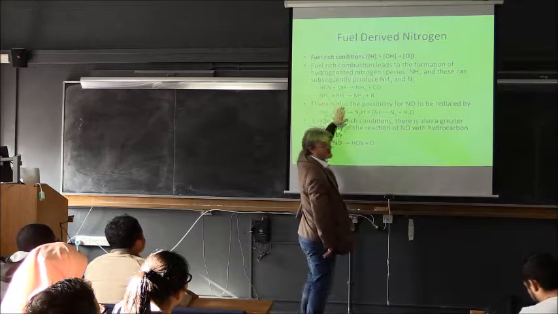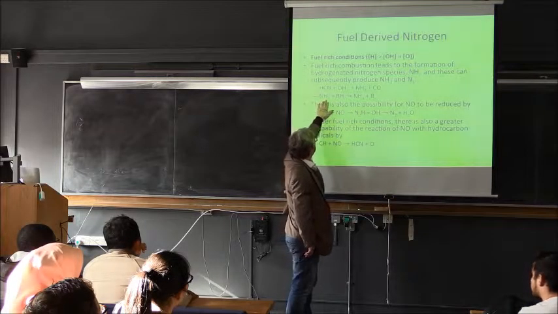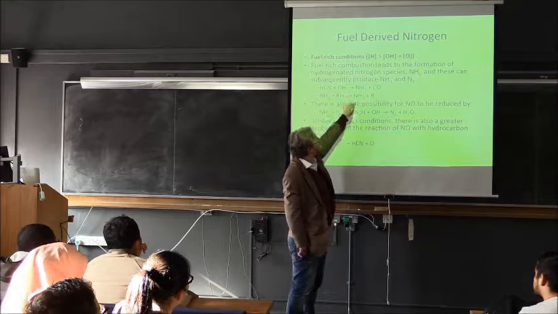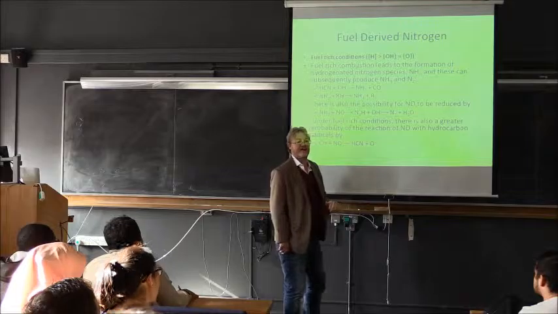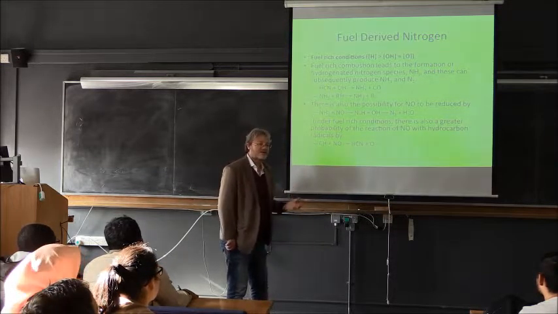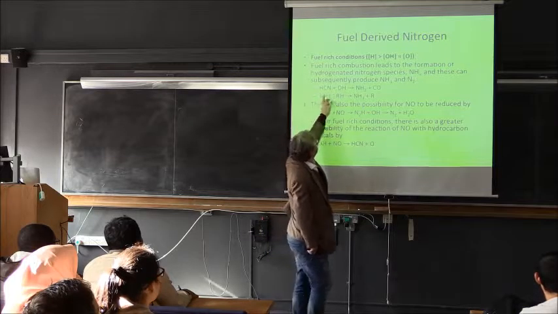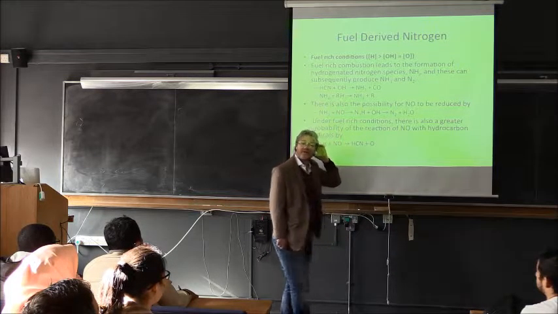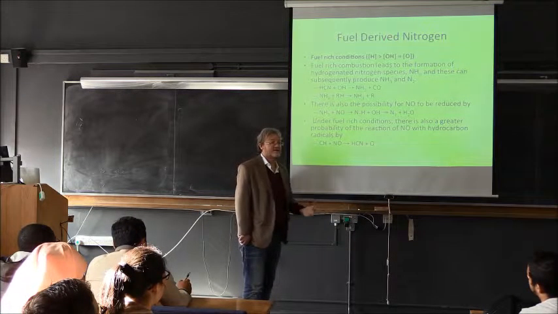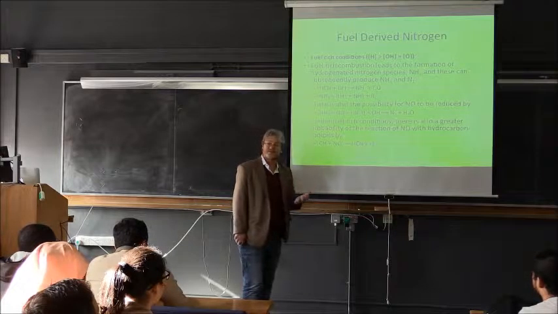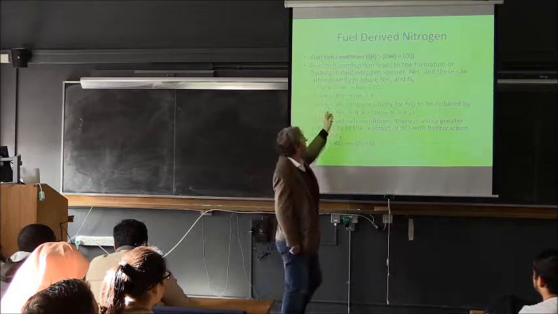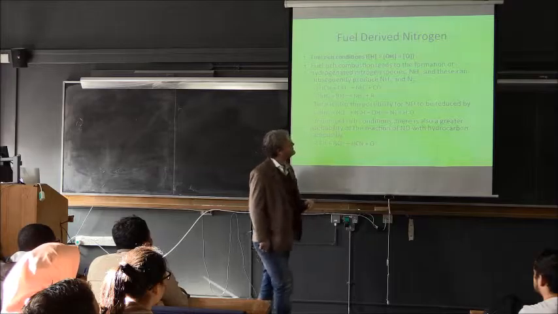You've got NH2 interacting with hydrogen from the fuel, and this gives you NH3. And since the concentration of hydrogen atoms is largest, this is the dominant pathway. So now you've got a reducing atmosphere, and instead of producing nitrogen oxides, you tend to produce ammonia.